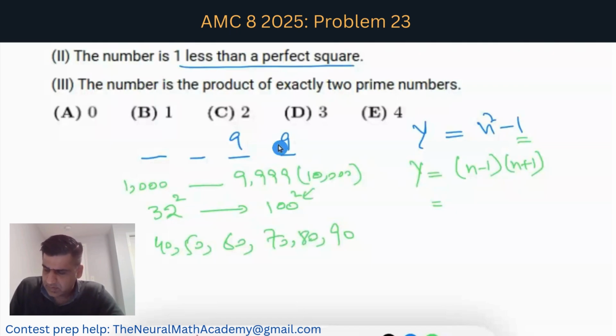So if I plug the first one, I get 39 and 41. So if I do the second case, I would get 49 and 51.